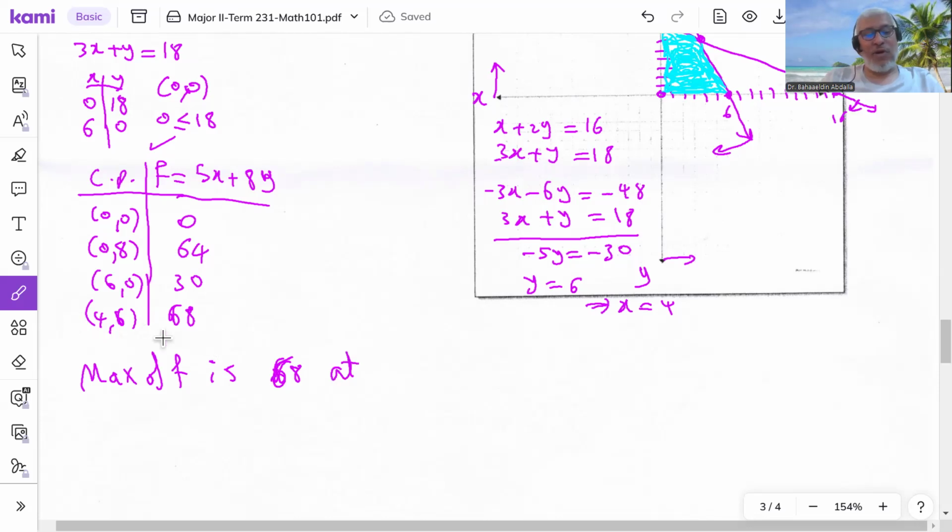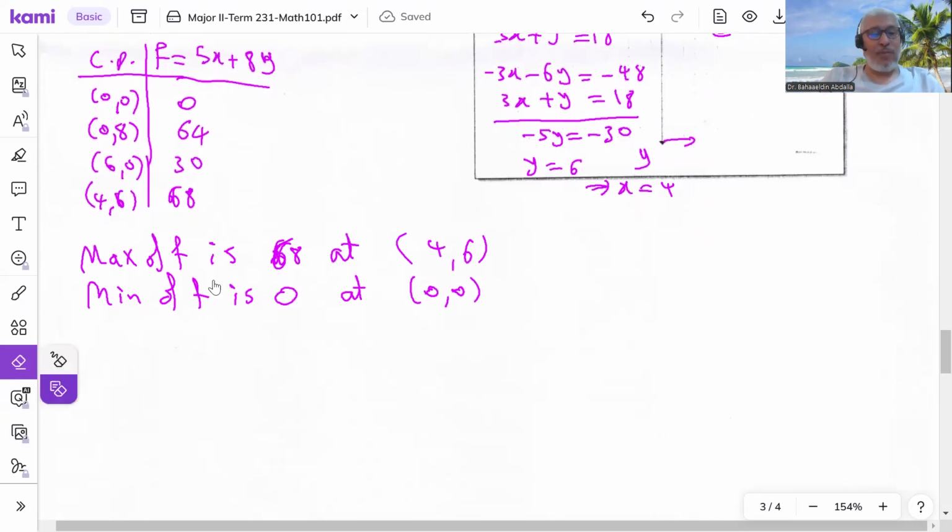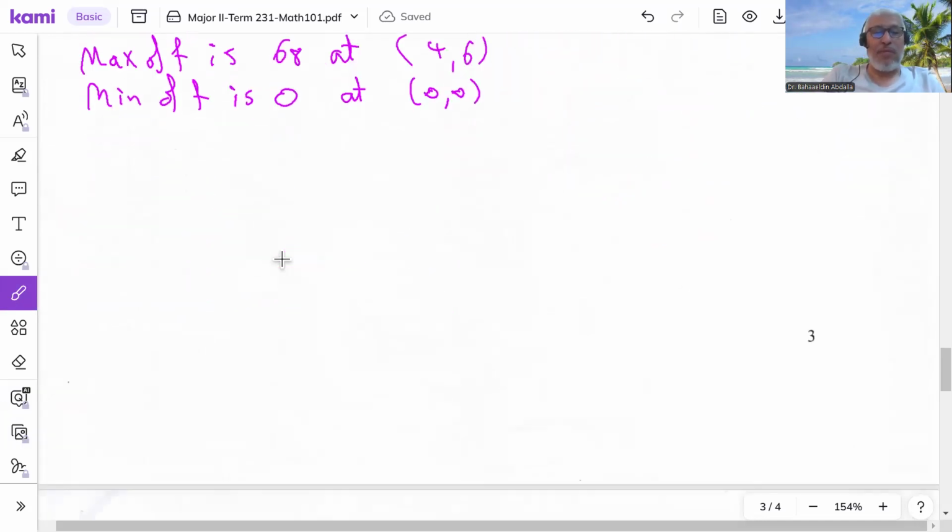When x is 4, y is 6, or you just say at 4 and 6. What is the minimum of f? Smallest number is 0. At what corner point? 0, 0. So this is the answer to the question. I hope that this is clear. Okay.